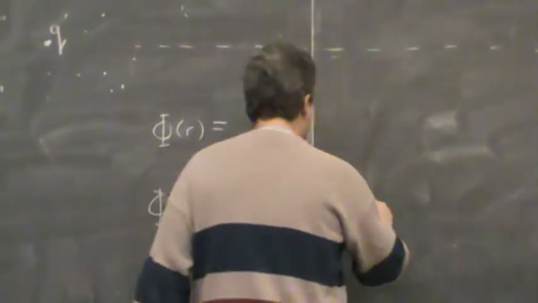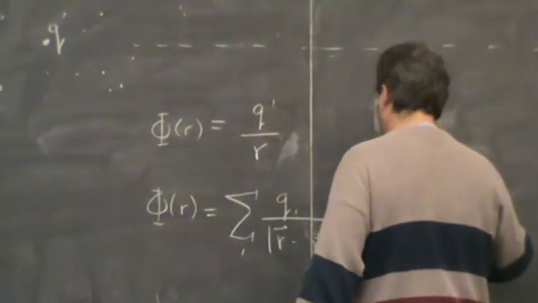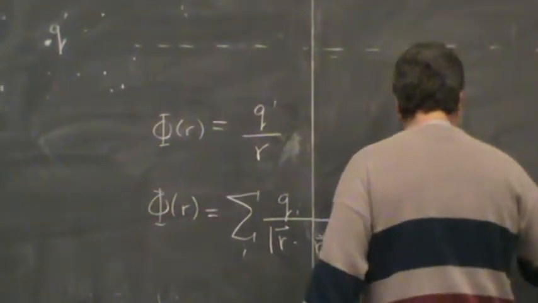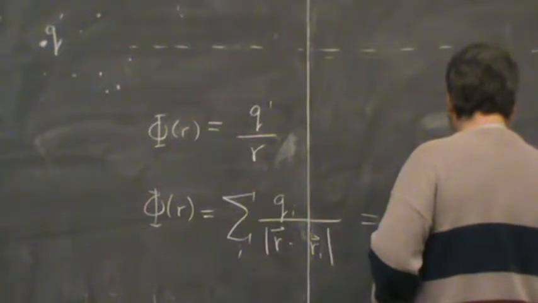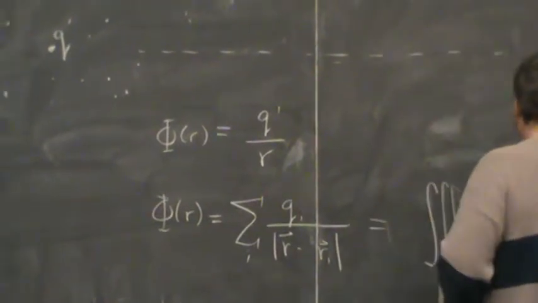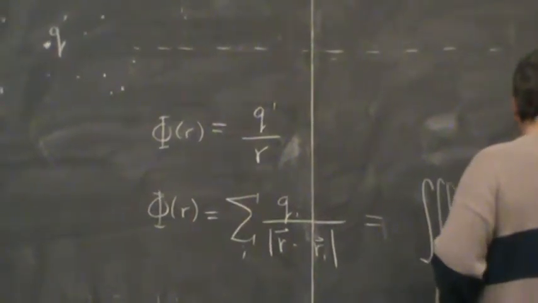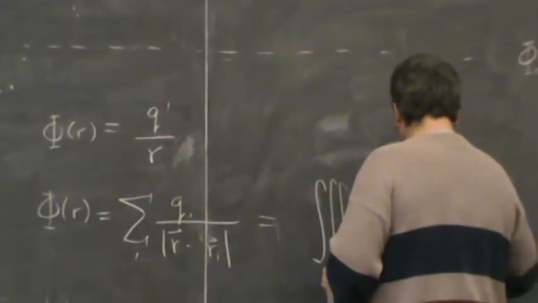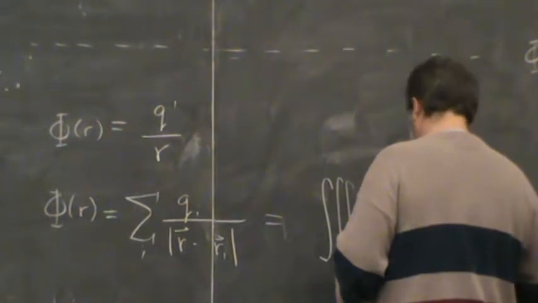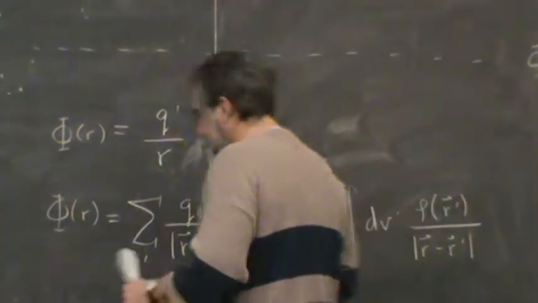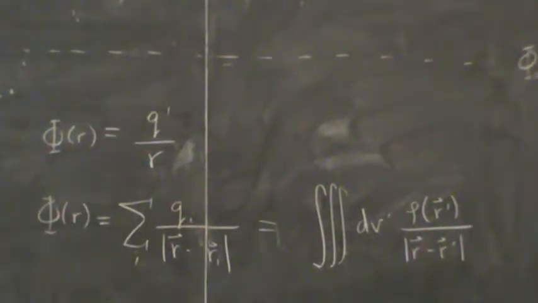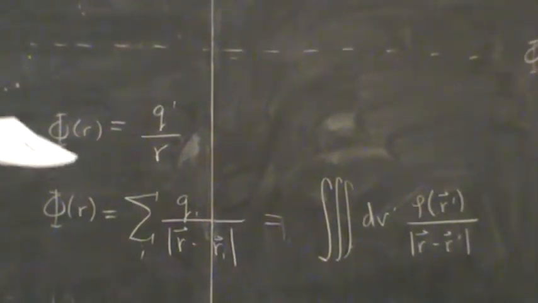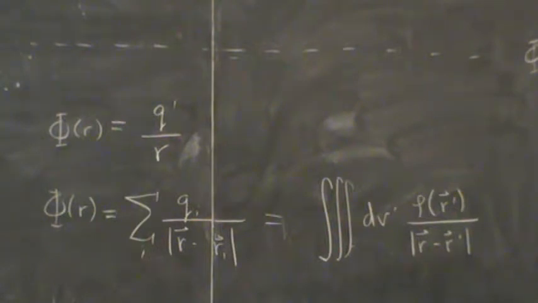And if I have a continuous distribution of charge, then I would integrate over some primed volume, dv prime, rho of r prime, that's where the charge is, divided by |r minus r prime|. That's it. Again, given a charge distribution, it's really easy to calculate the potential at any particular point in space.